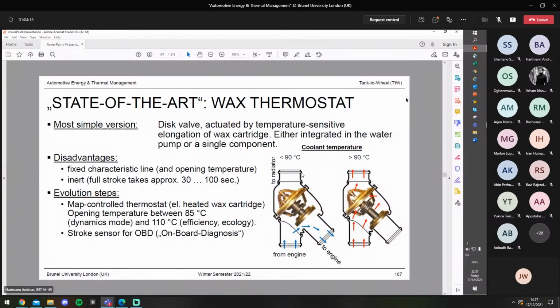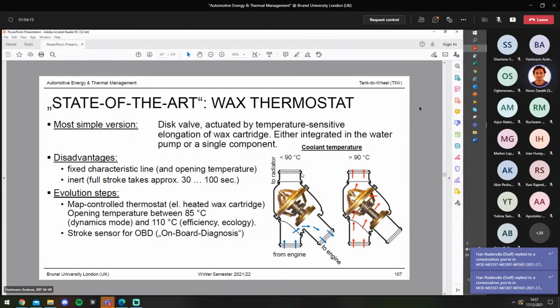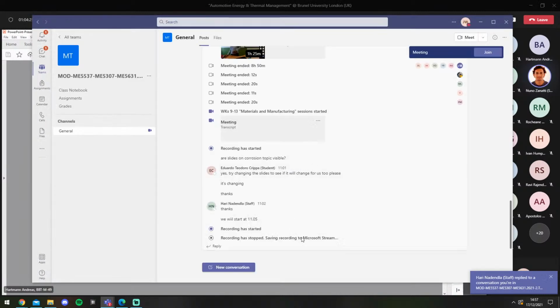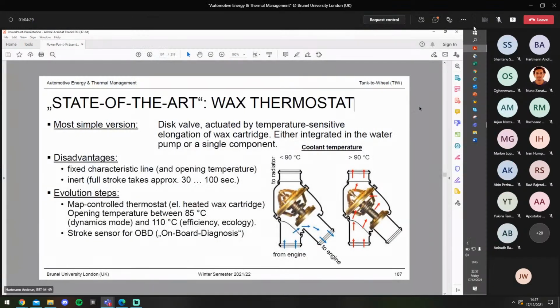No, it's the metal that's increased with the temperature. The temperature influences the metal, and they open and close with the temperature.